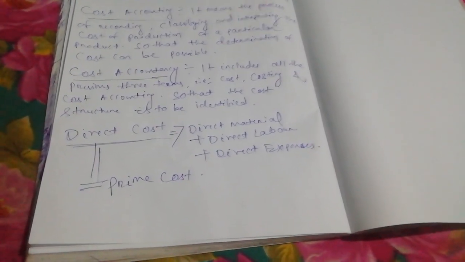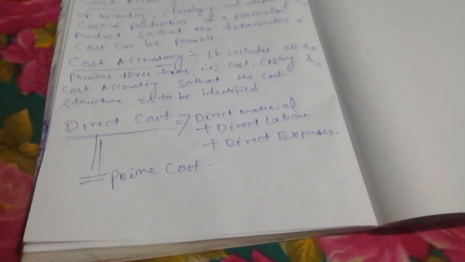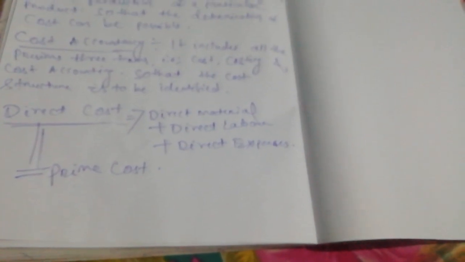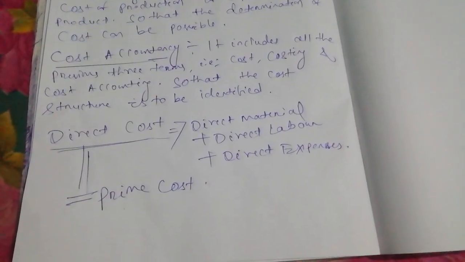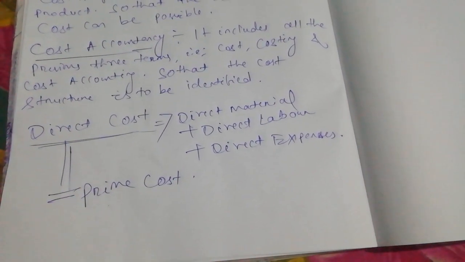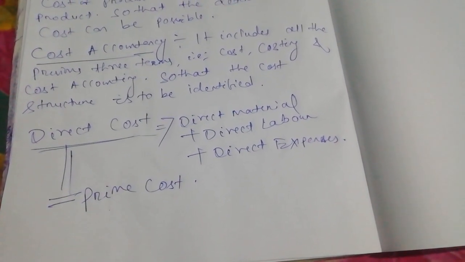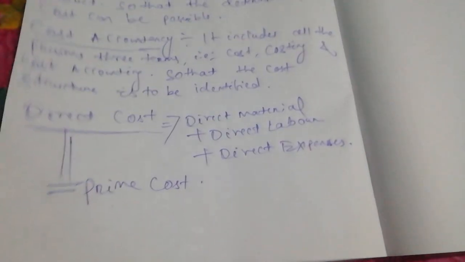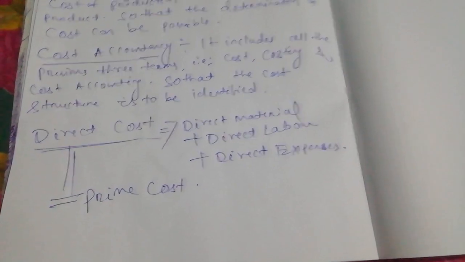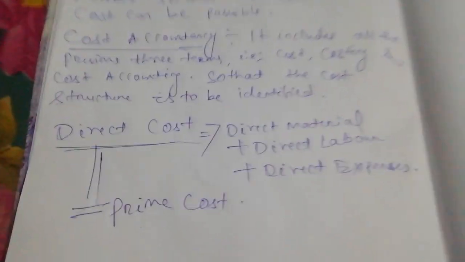Three items are to be added to get the prime cost. Next one we have to cover indirect cost.